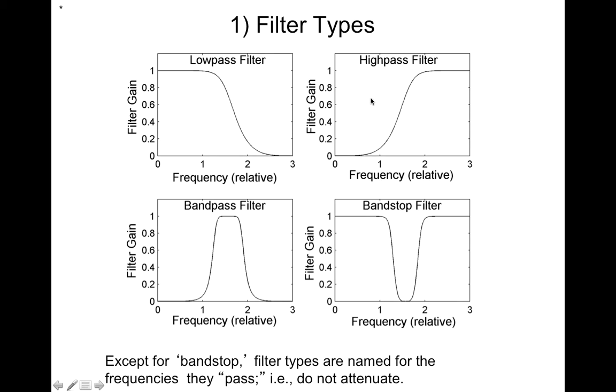Whereas the high pass filter, notice, will zero out DC or very slowly varying components. So the high pass filter is often used to eliminate DC or to eliminate drifts in the DC due to changes in your ground voltage that occur slowly. The band pass filter would combine the qualities of both of those.